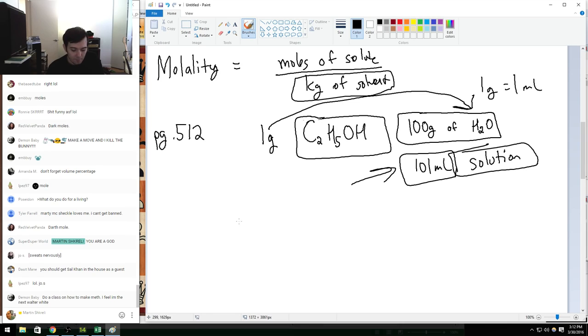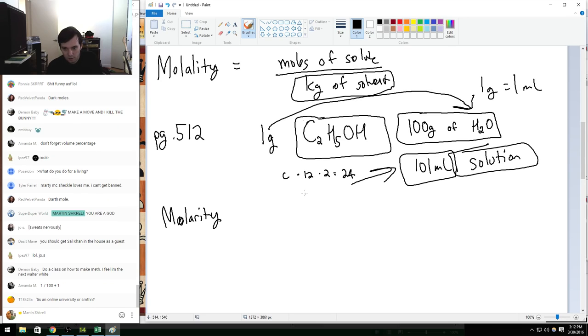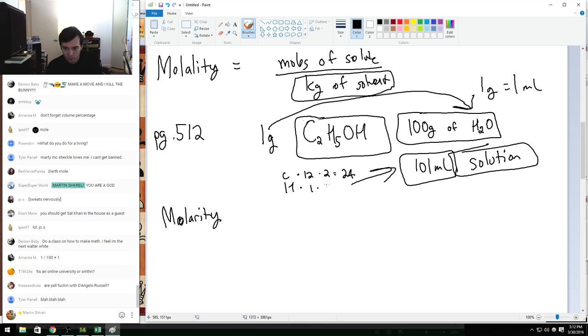Remember, 1 gram of water equals 1 milliliter. Never forget that. All right, so molarity we can calculate pretty easily, right? How many moles do we have here? Well, we have 2 carbons, so that's what? Carbon is 12, so 12 times 2 is 24. Hydrogen, we've got 6 hydrogens. They weigh 1 each, so that's 6. Now oxygen weighs 16, and we have 1 of those.